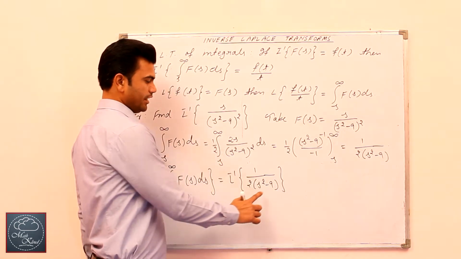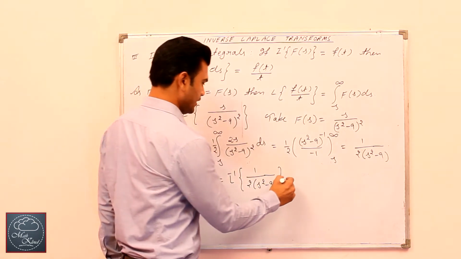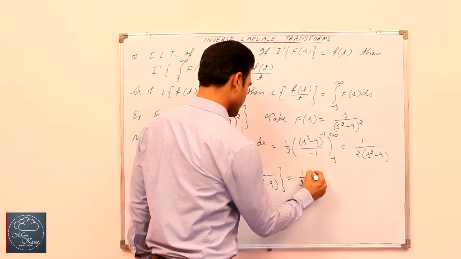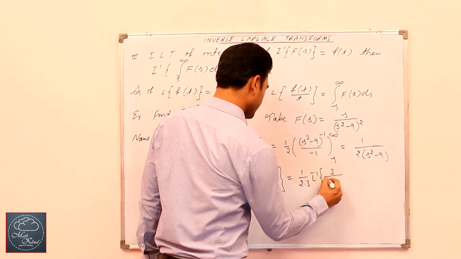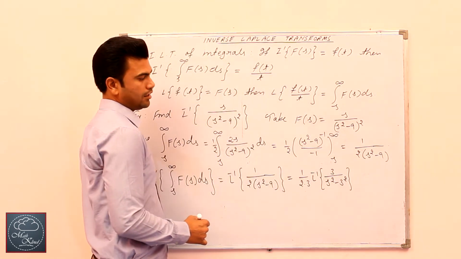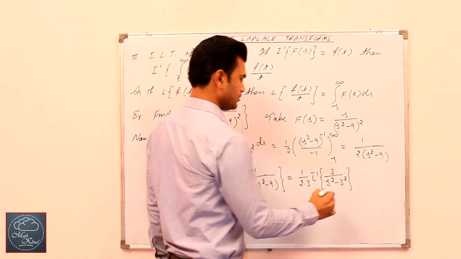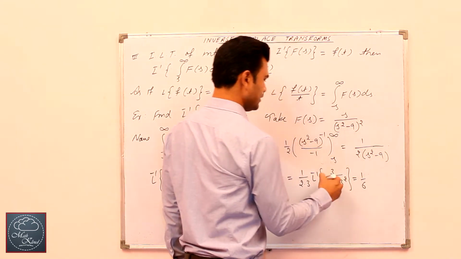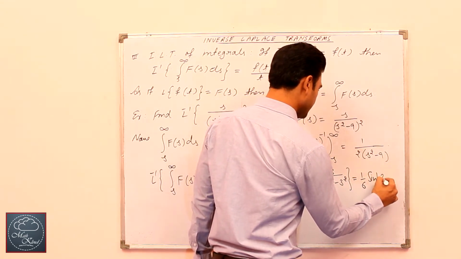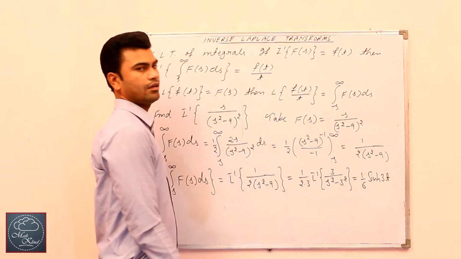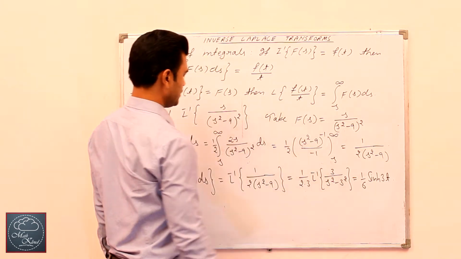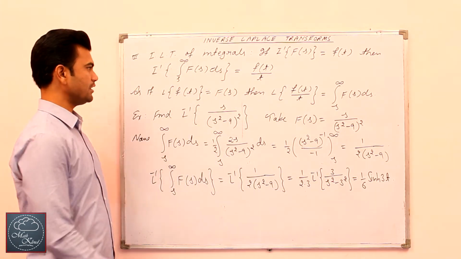So if you take a is equal to 3 here, you may write it as 1 by 2 into 3, the inverse Laplace transform of 3 over s square minus 3 square. And you know the inverse Laplace transform of this function. This is nothing but 1 by 6 hyperbolic sine 3t. So this is the inverse Laplace transform of your integral from s to infinity of f of s ds.